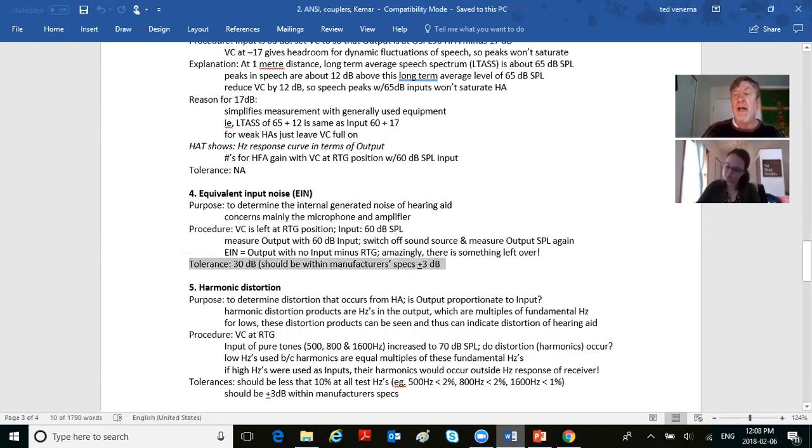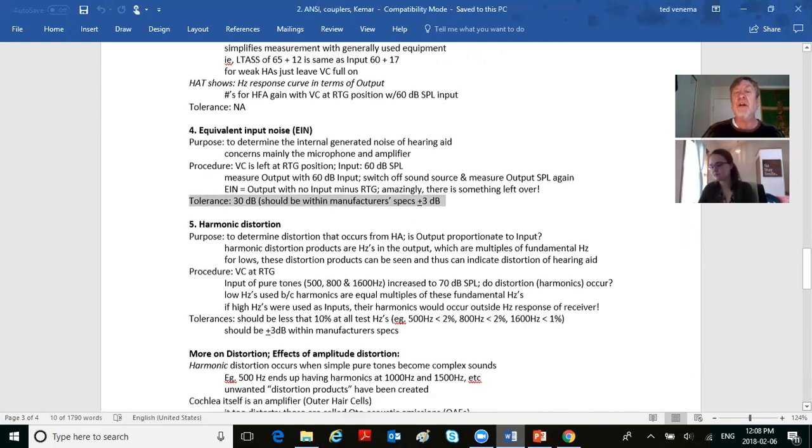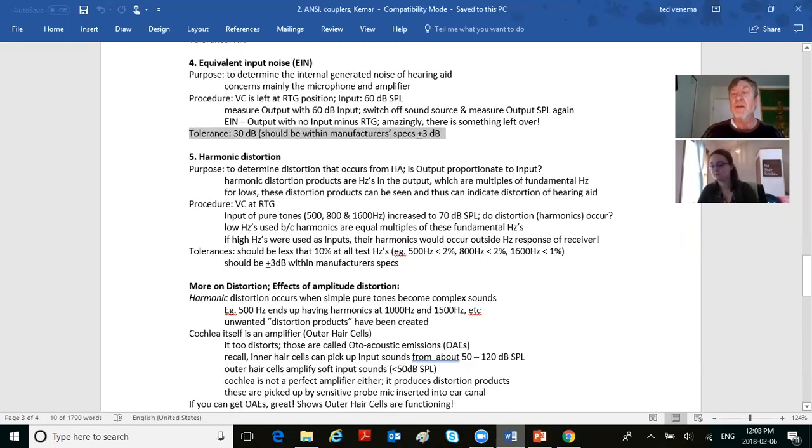Good. Last one, harmonic distortion. Harmonic distortion is also measured at reference test gain position. Volume control is still there, but now you're looking at something different. With total harmonic distortion, you are measuring what's the hearing aid adding to the signal.